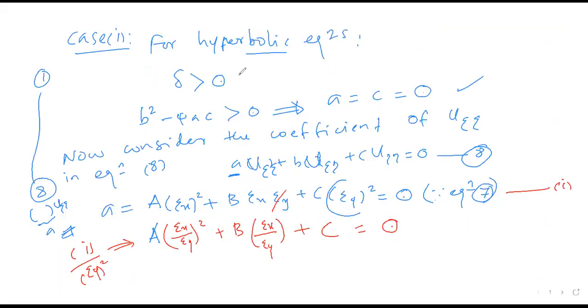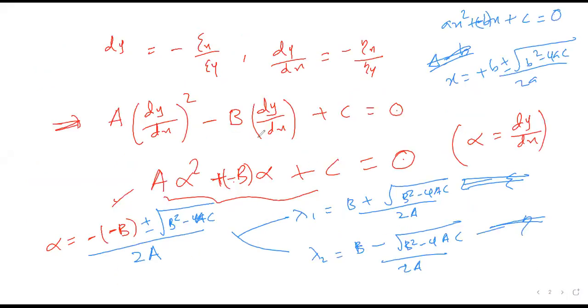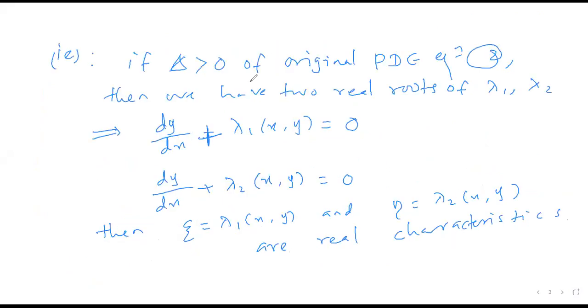So see here, we got our small delta, and then from this we used our equation number 8 and did some modification. Then we found our characteristic equation and solved it. We found two roots, and with those roots we used two characteristic equations.